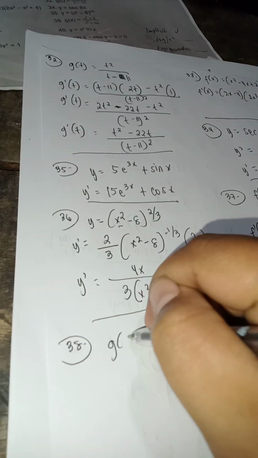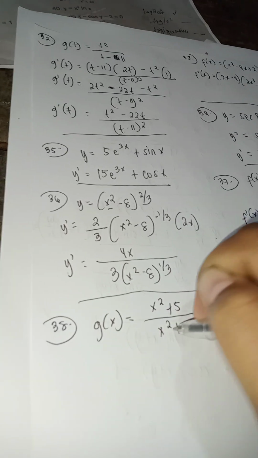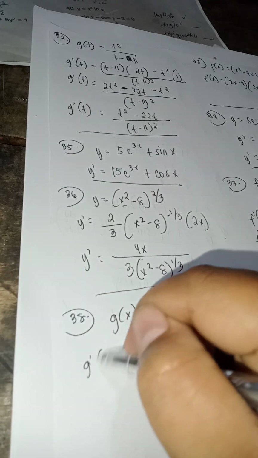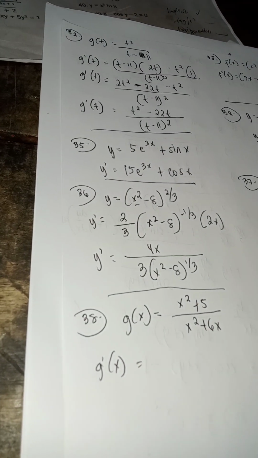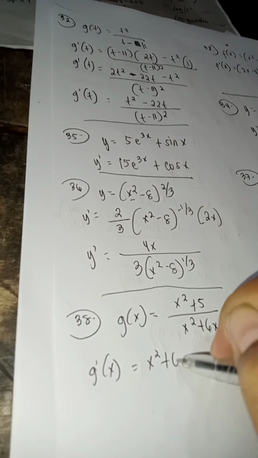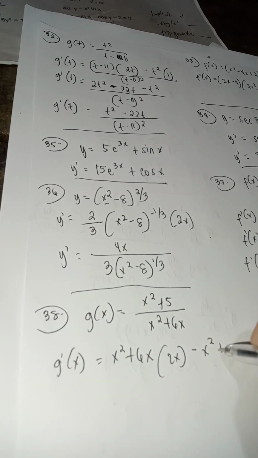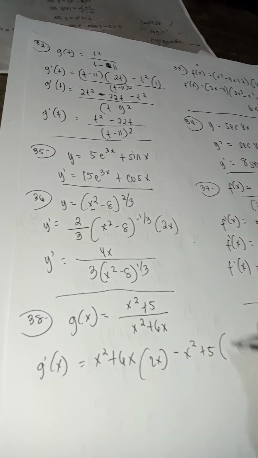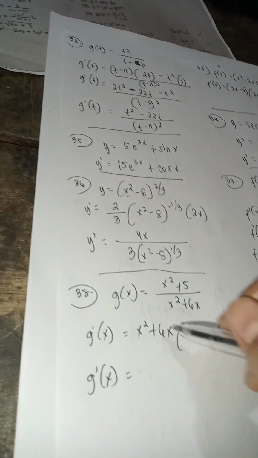Number 38. We have here the problem g of x equal to x squared plus 5 over x squared plus 6x. So we are going to use the quotient rule, v du minus u dv over v squared. So x squared plus 6x times the derivative of x squared plus 5, which is 2x, minus x squared plus 5 times the derivative of this, which is 2x plus 6. After that, distributive property.